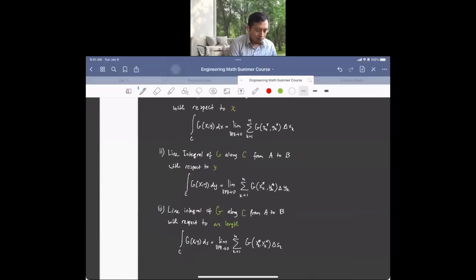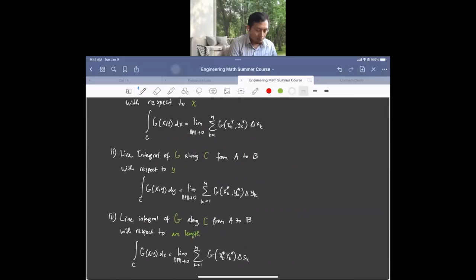You can make it into these three cases. And of course, g needs to be a continuous function on C.